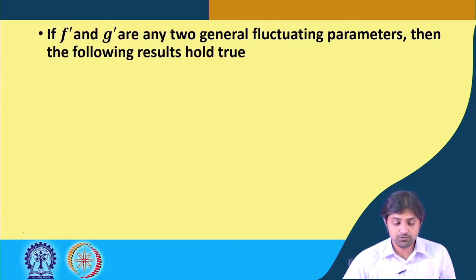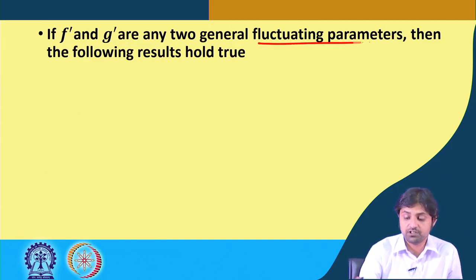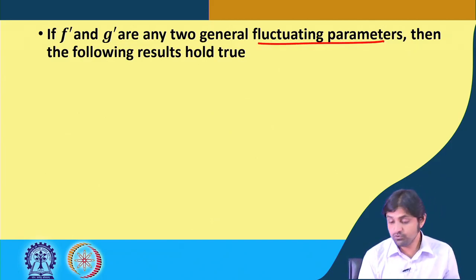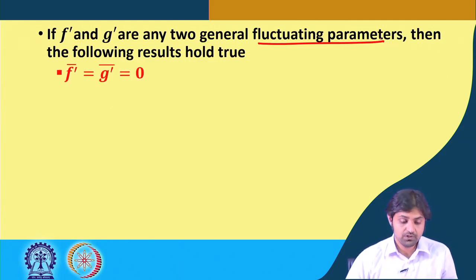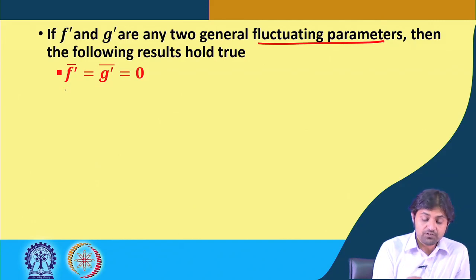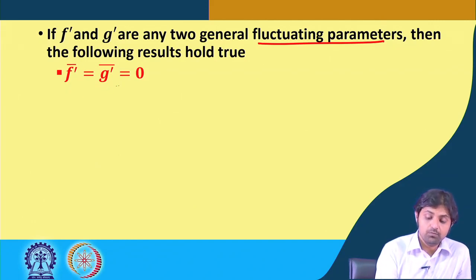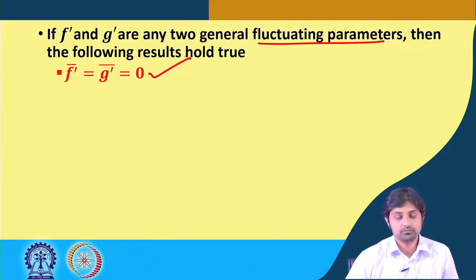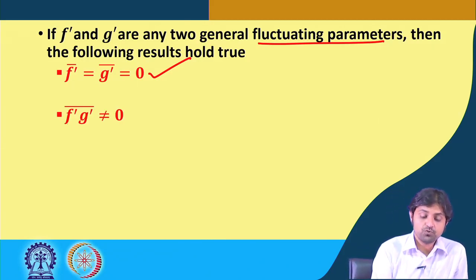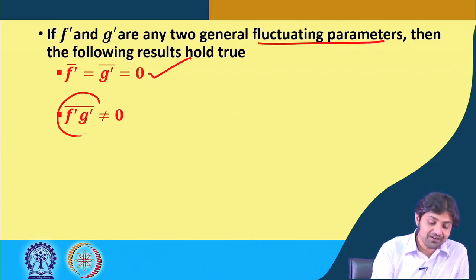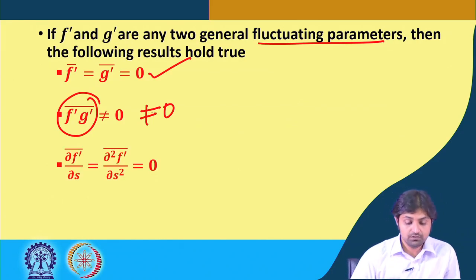We are going to define some maths here. If f dash and g dash are any two general fluctuating parameters, as we have seen with u prime, v prime, w prime and p prime, then the following results hold true. If we take the average of a fluctuating component, it will be 0. If we multiply two fluctuating components and take the average, it will never be 0, it will be non-zero.